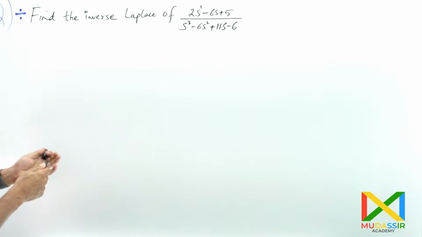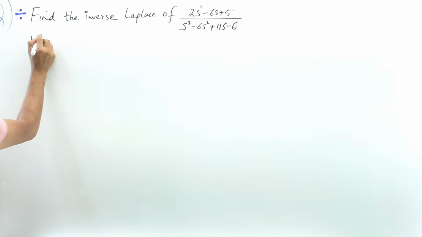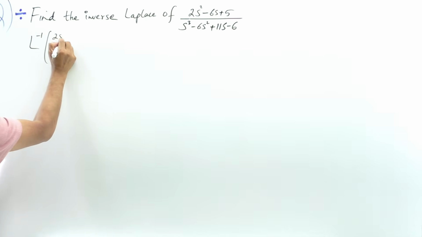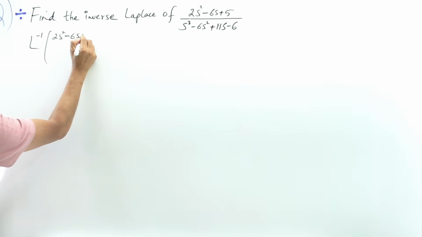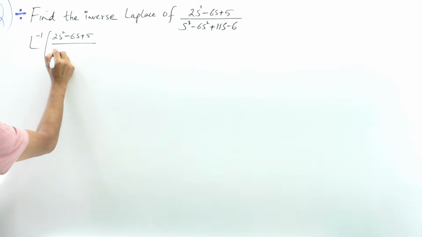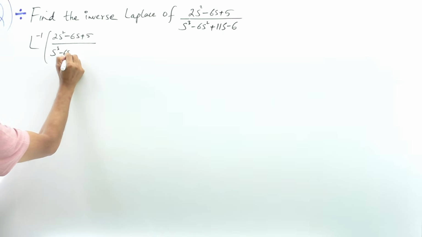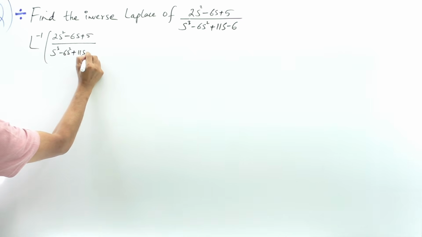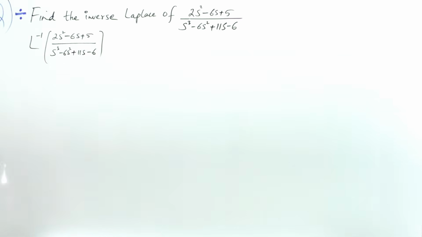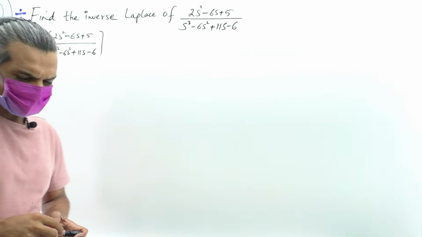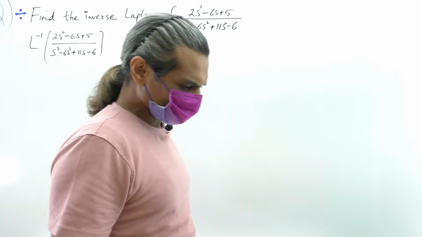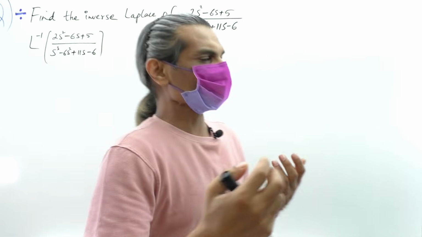So first, the question is we have the Laplace inverse of (2s² − 6s + 5) over (s³ − 6s² + 11s − 6). Okay, see there are many methods in partial fractions, so we need to identify depending upon the question.